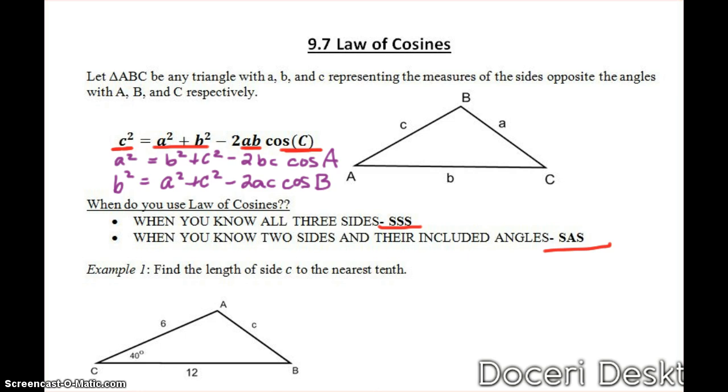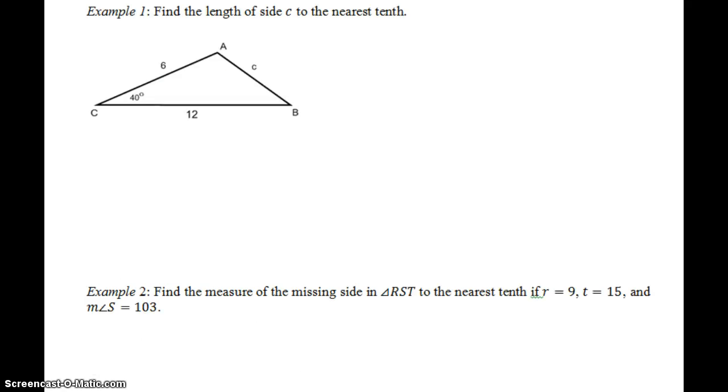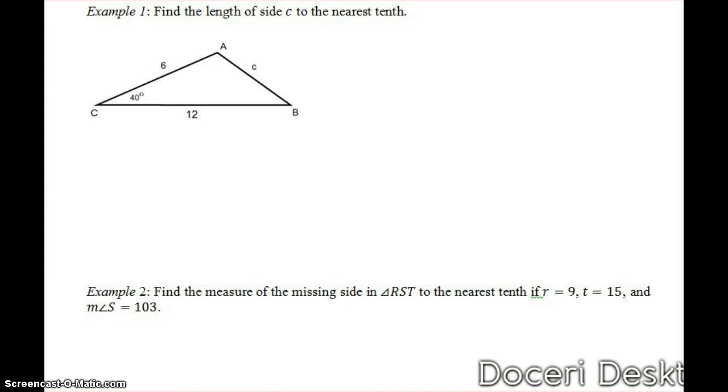Okay, we're going to go down and check out example 1. Example 1 says find the length of side c to the nearest tenth. So what kind of triangle do we have? Do we have one where we know all the sides? Do we have one where we have side angle side? In this case we have a side and then an included angle.